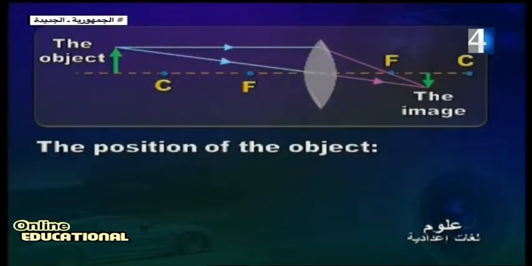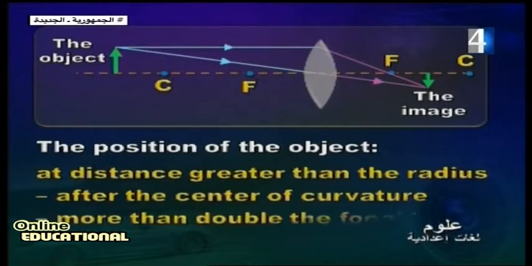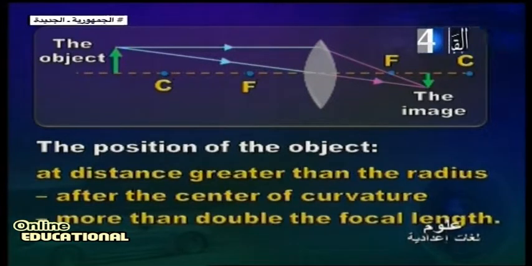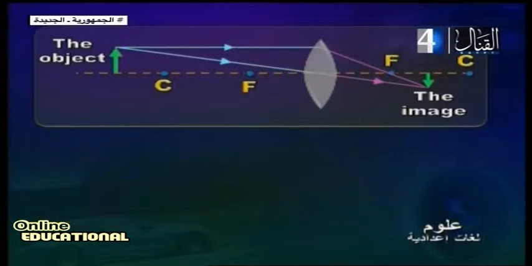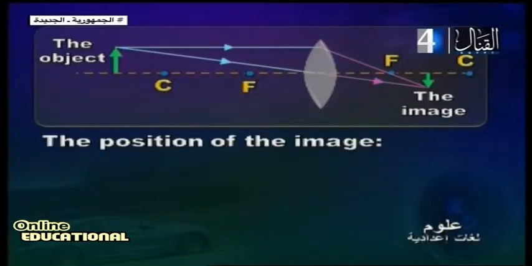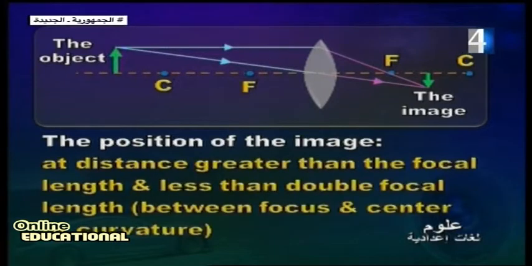Okay, so the position of the object is at a distance greater than the radius of curvature. Okay, what about the position of the image? Okay, you can see clearly here the position of the image is between the center of curvature and the focus, or at a distance more than the focal length and less than the center of curvature.